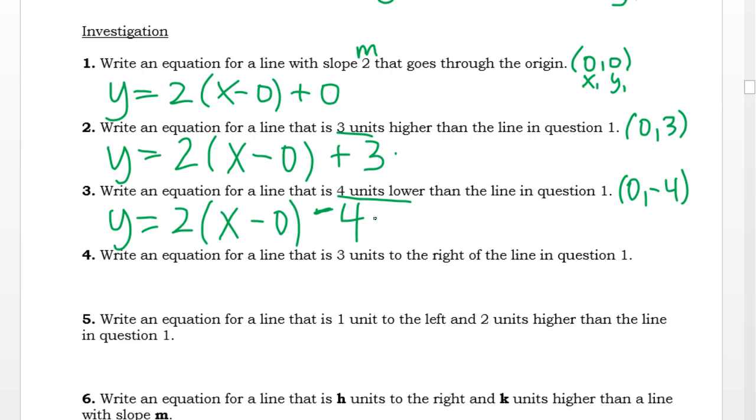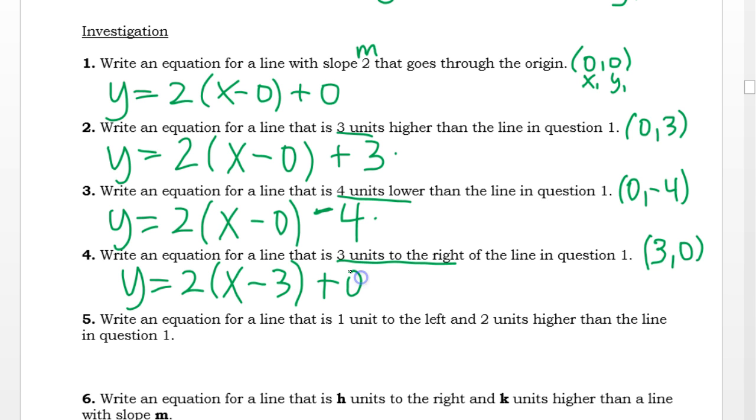So we can see that moving a graph, translating a graph up and down, involves adding and subtracting numbers in that y1 location. So the next one is going to have me move the line 3 units to the right of the origin. If it's 3 units to the right of the origin, that would be 3, 0. So we're keeping the same slope, and we're going to go x minus 3 plus 0.